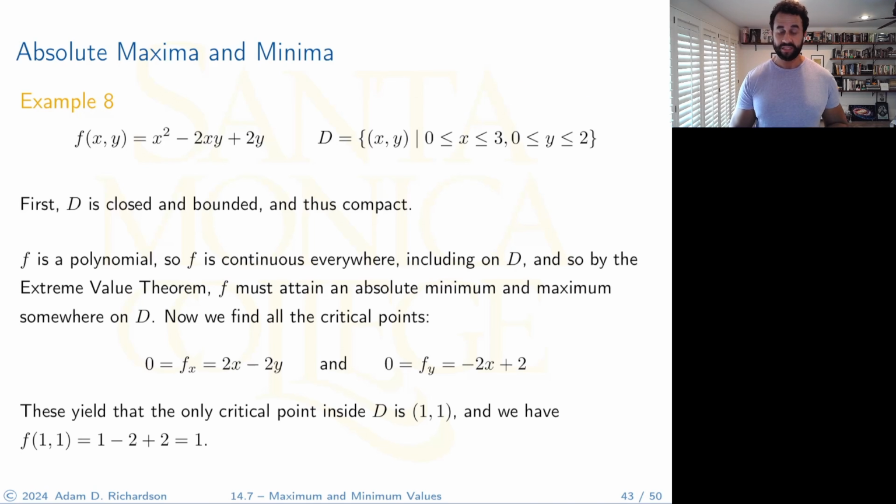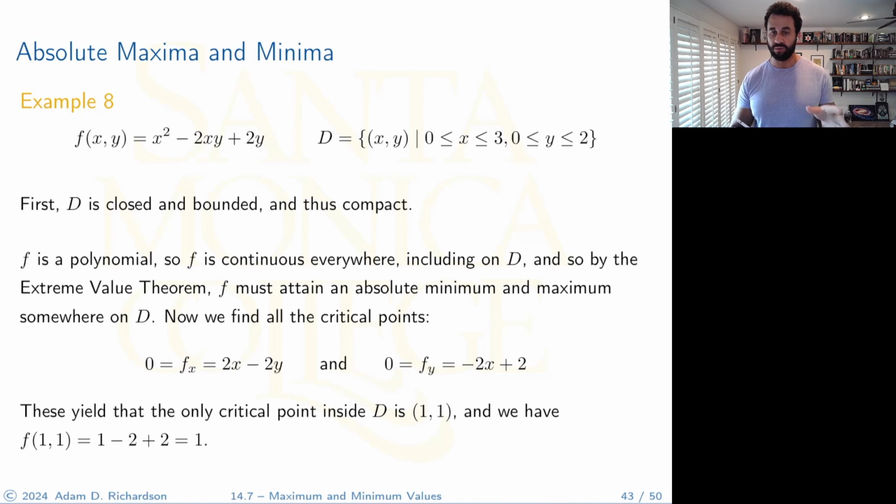That's a good thing. Secondly, this function here is a polynomial, and remember polynomials are continuous everywhere on the plane, so we've got a continuous function defined on a compact set D. Therefore by the extreme value theorem, we know that it must achieve an absolute maximum and an absolute minimum. That's what we've got here.